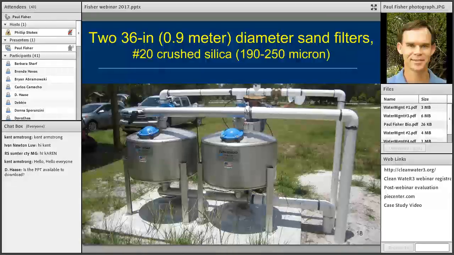Providing some contact time between the treatment and the filtration of at least 2 minutes is desirable, and in this case the grower had enough distance between the chlorine injection and the filter to get that contact time.